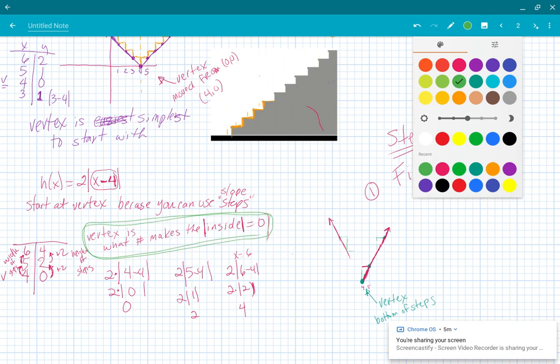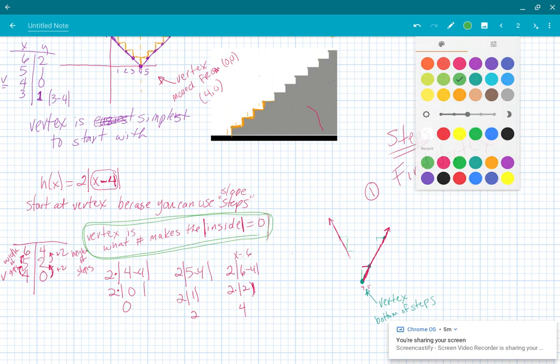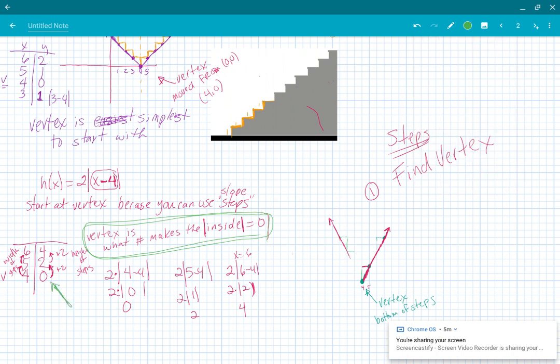The number that makes the number inside 0. Exactly, because that's going to give you the lowest number. That's going to give you a 0 as an answer, right? Look at this. That's the lowest number, okay? So that number is going to give you the lowest 0.